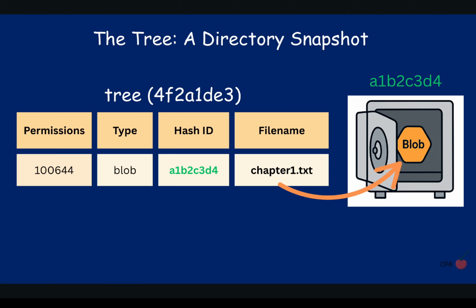This is the crucial link that we were missing. The tree connects a human readable name like chapter 1 to the blob ID, the hash ID. So this is the link that Git uses to know that this hash ID, this blob that we saved here, is connected to this file name.